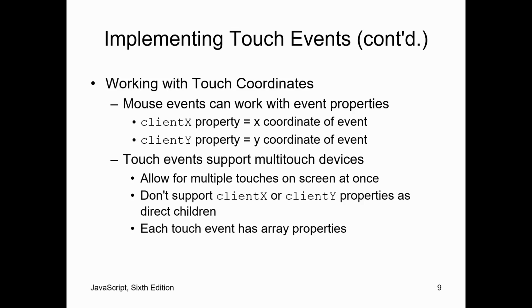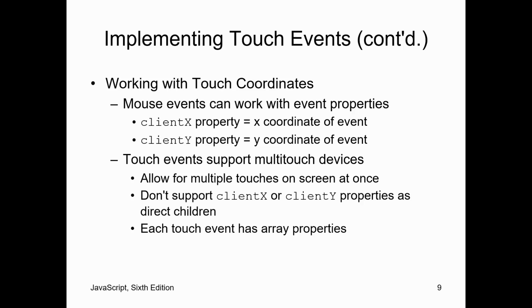Now, when you work with touch coordinates, it says mouse events can work with event properties. But there are things that it may or may not understand. Typically, if you are touching the screen and you touch it again, nothing will happen, because as it says, typically you can't have multiple touches on a screen at once.